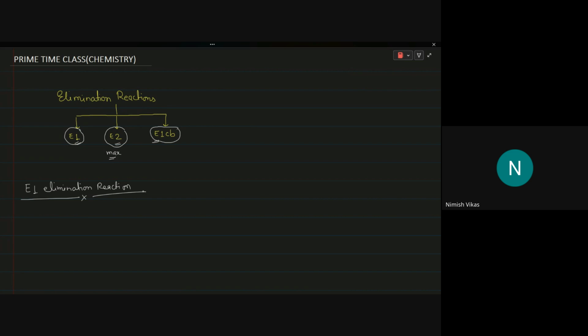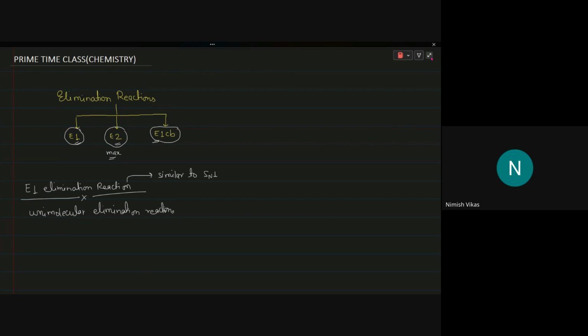So we will write in this manner: E1 means unimolecular elimination reaction. Like the mechanism of the E1 elimination reaction is similar to that of SN1.